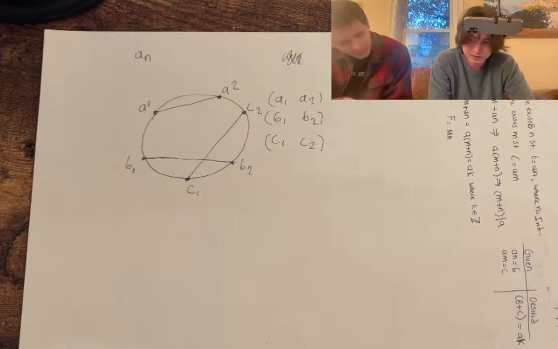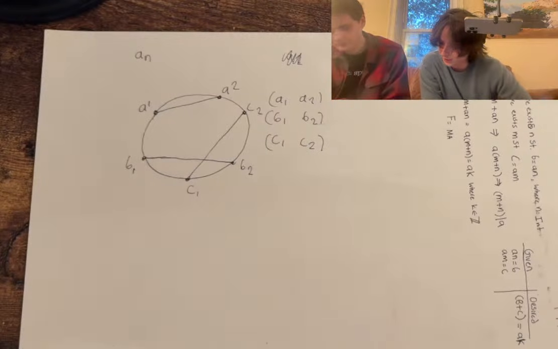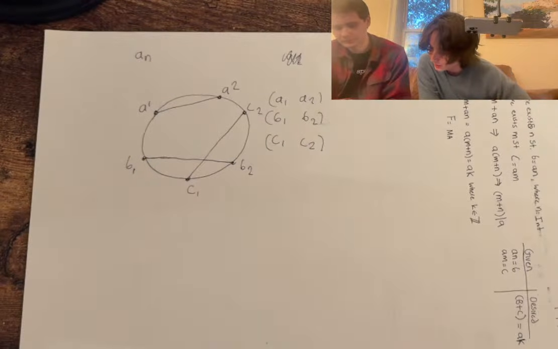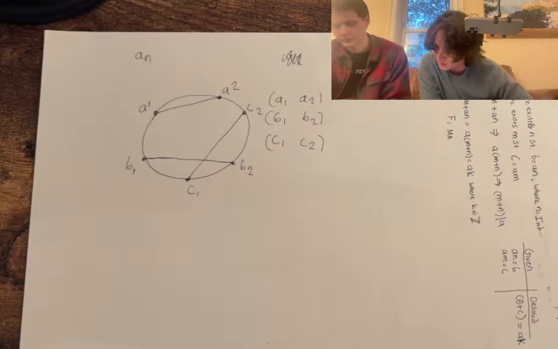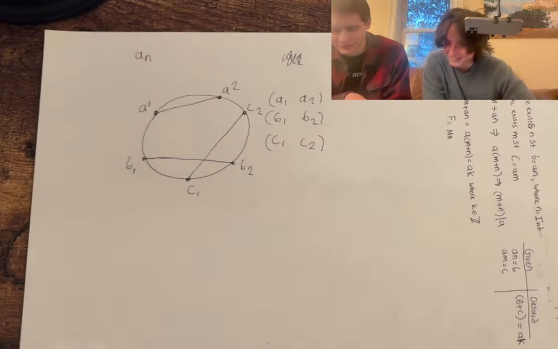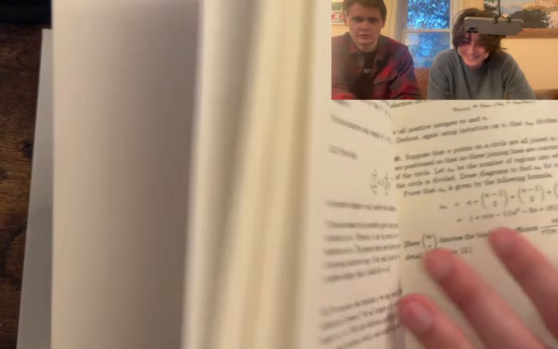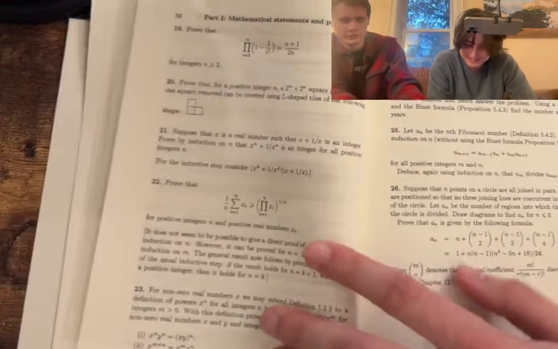But also maybe that doesn't change the number. So A sub n is the number of regions into which the interior of the circle is divided. Draw diagrams to find A sub n for n less than 6. But that's just the baby instructions. We're just going to intuit what it is because it's so obvious. Is it? Yeah. Anytime a book says you're going to have to do it this way, I'm just like, no.